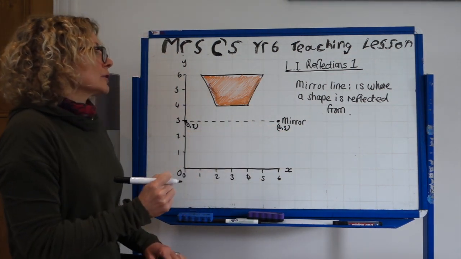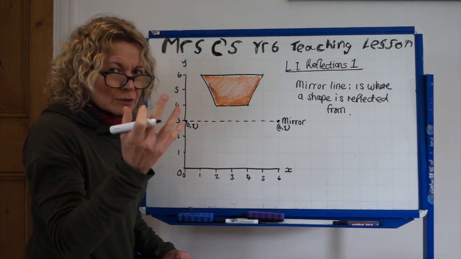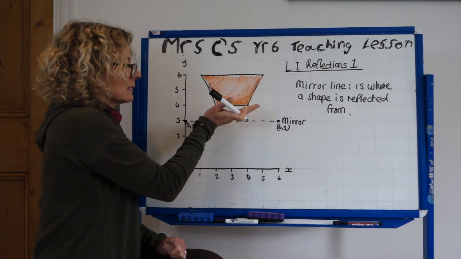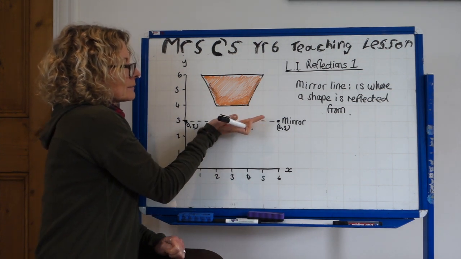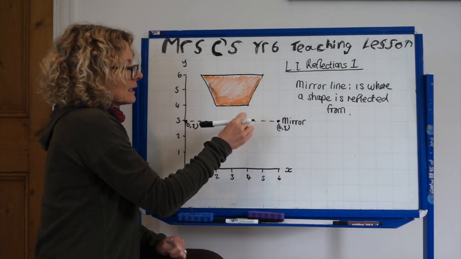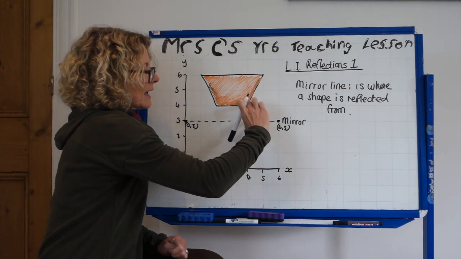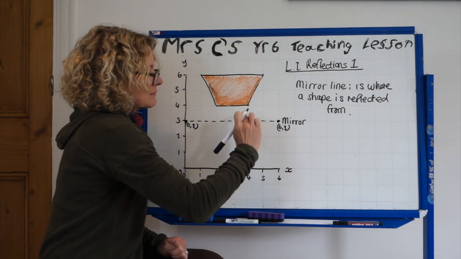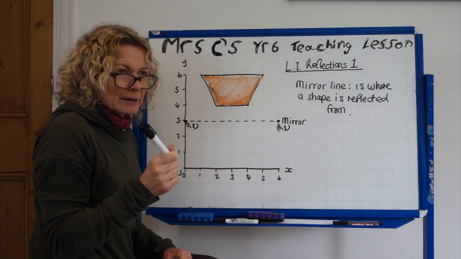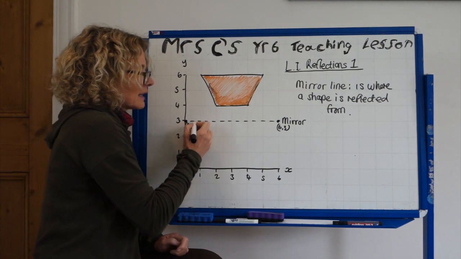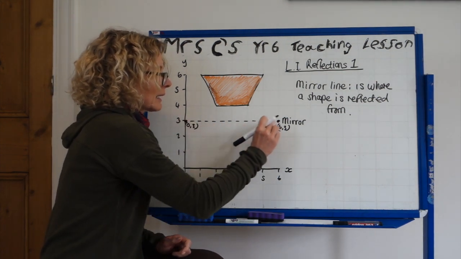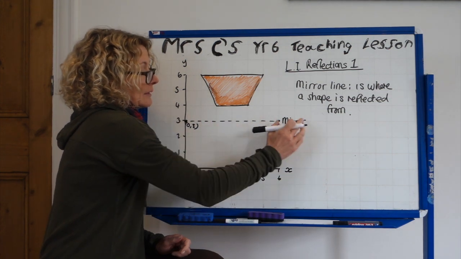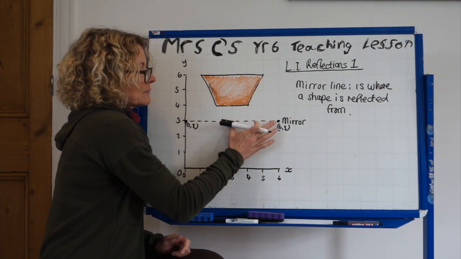So what we're going to do now, and I'll work with you on this first one, is reflect this trapezium. So there's your mirror, and the gap there has got to be exactly the same as the gap there because it's mirrored. I like to think about it as a butterfly really, so your mirror line is like the butterfly's abdomen.